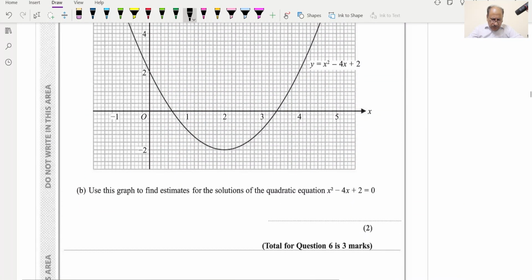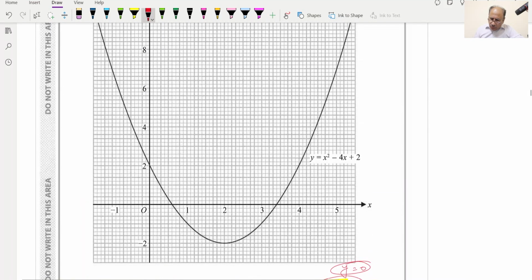Now this B part, use this graph to find estimates for the solutions of the quadratic equation, and this is the quadratic equation. We can figure out from here that our function y is equal to 0. So y equal to 0 is the x-axis line, so our solutions will be this one and this one.